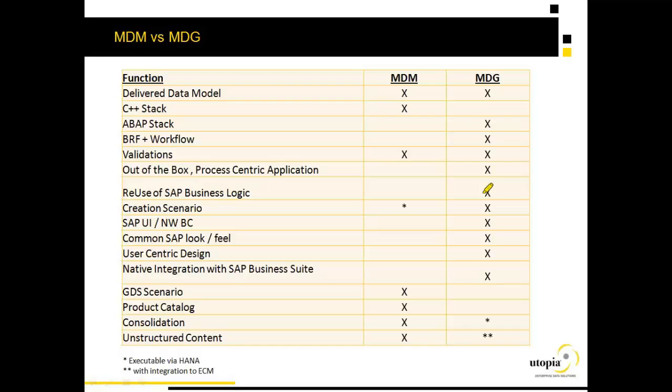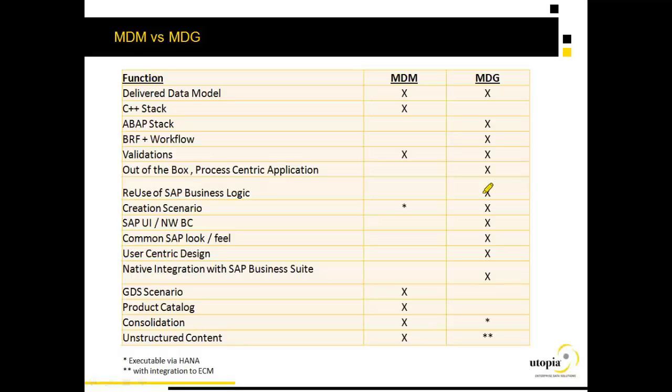And the last is unstructured content. There are others, but the major is unstructured content, where in MDM, in the single repository, you can put your content, your photographs, your contracts, your sales orders, your EBOMs, your P&IDs, piping and instrumentation diagrams, your schematics, your marketing information, your product information in a single MDM repository.